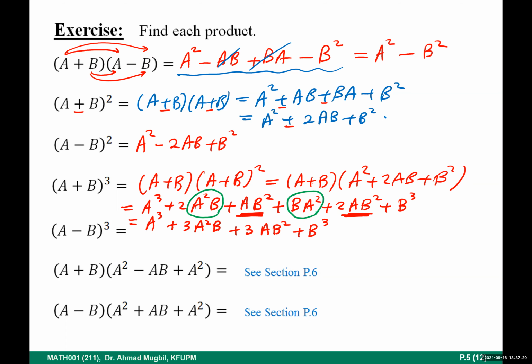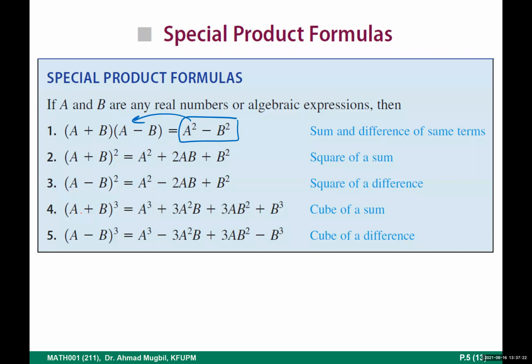So we have now this ready formula, shabab. (a plus b) to the power 3 is just a cubed plus 3a squared b plus 3ab squared plus b cubed. If you look at it, you will cube the first one and you will cube the last one.